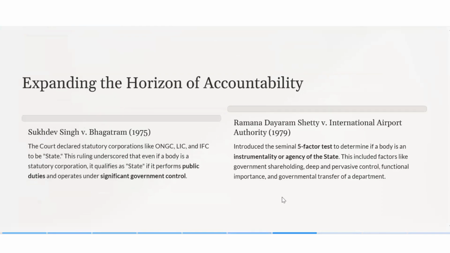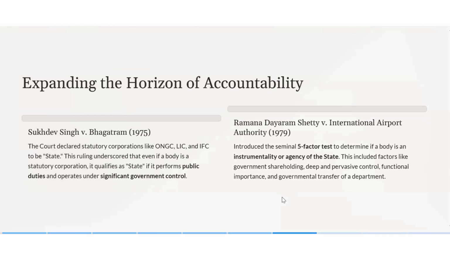Now, coming to another case which is very important, of 1975, Sukhdev Singh versus Bhagat Ram. The court declared statutory corporations like ONGC, LIC, and IFC to be the state. This ruling underscored that even if a body is a statutory corporation, it qualifies as a state, as it performs public duties and operates under significant government control.